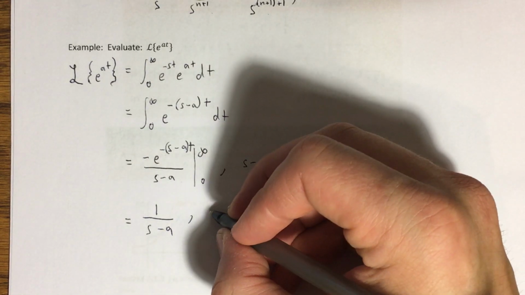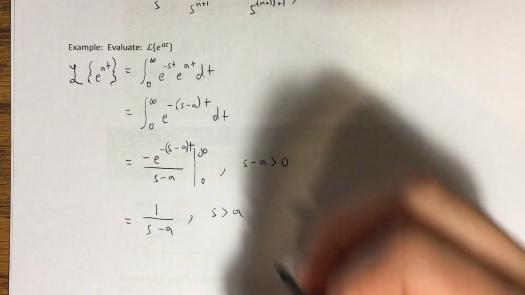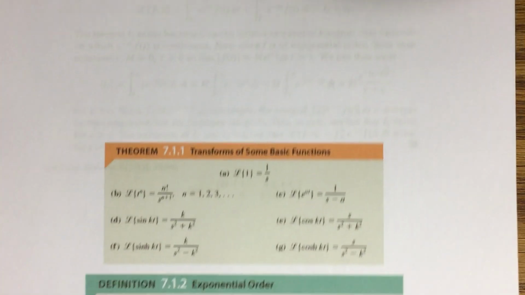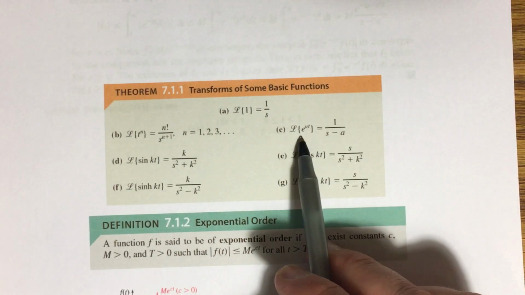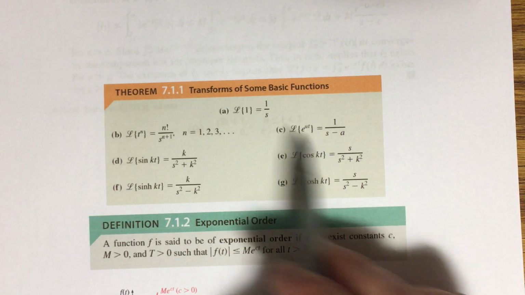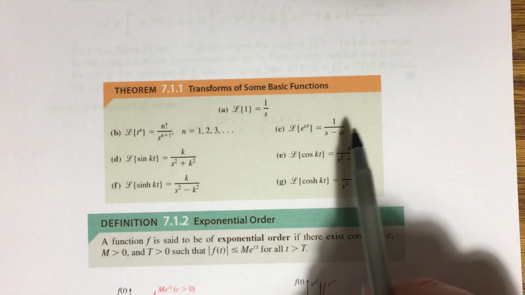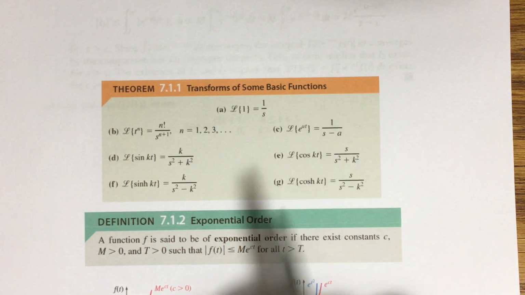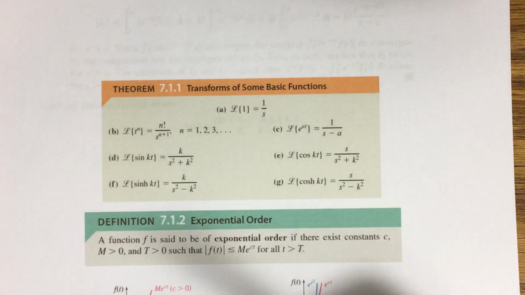And this will be defined when s is greater than a. Notice that's what we have right here. Now, this table that came from your book, they don't include the restriction where it says s is greater than a for some reason, but you have to remember that that's part of our Laplace transform here. I'm going to go ahead and stop this video here, and we'll keep going in the next one.